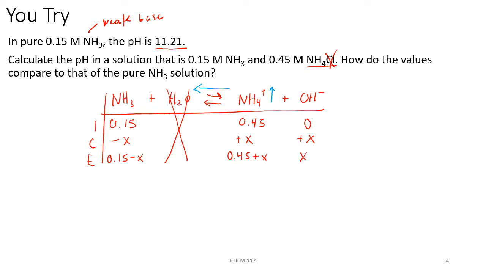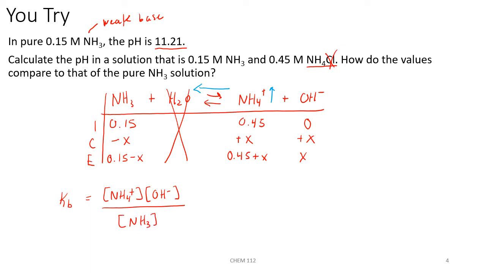Next, we want to write our equilibrium expression. This time we're going to use K sub B because we're dealing with a weak base, not a weak acid. We're going to have K sub B is equal to the concentration of ammonium ion times the concentration of hydroxide ion over the concentration of our weak base, ammonia.